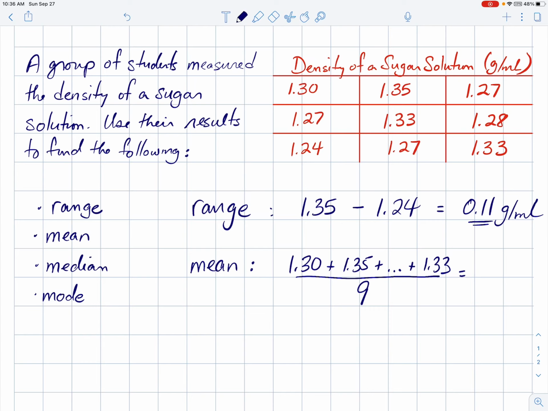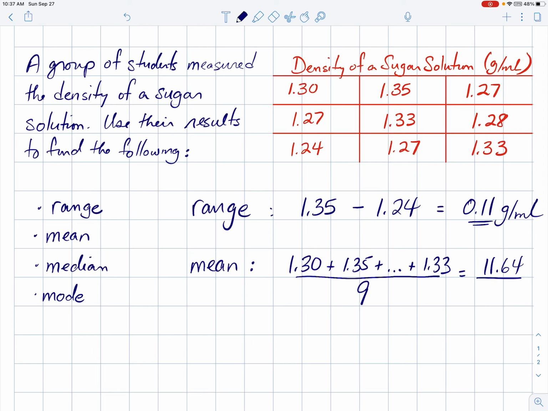So let's do that on our calculator. 1.30, 1.35, I'm adding these together. 1.27, 1.27, 1.33, 1.28, 1.24, 1.27, and 1.33. So I get a total of 11.64.